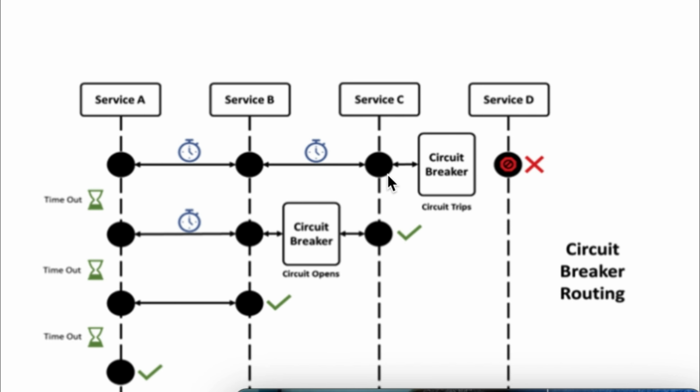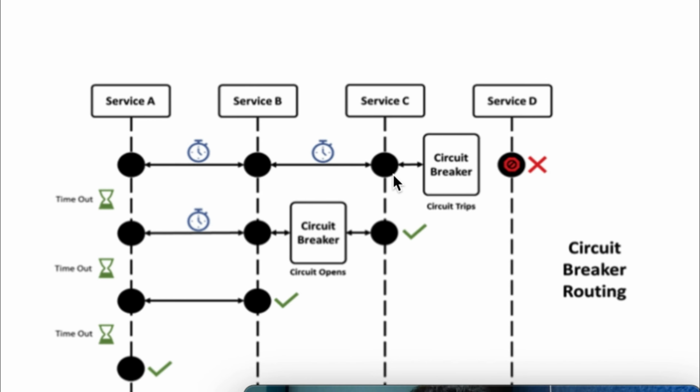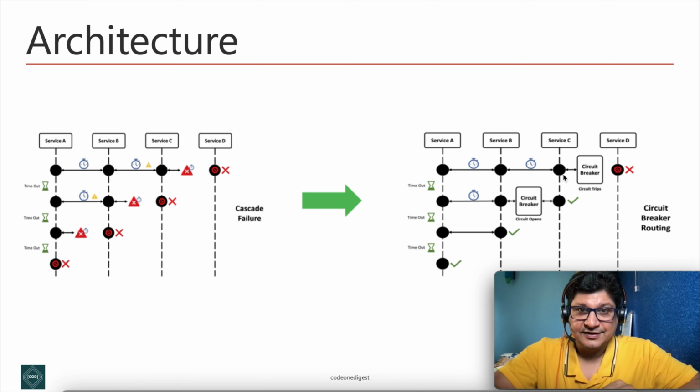Hence service C will send that message to service B and service B sends that message to service A, and the whole system will work smoothly. Here, circuit breaker pattern prevents the cascading failure for all the services. Whenever circuit breaker pattern detects there is a service failure, then it opens the circuit and responds back with a fallback method.